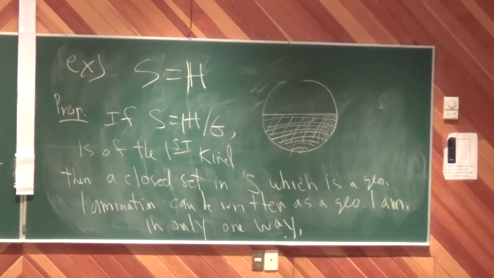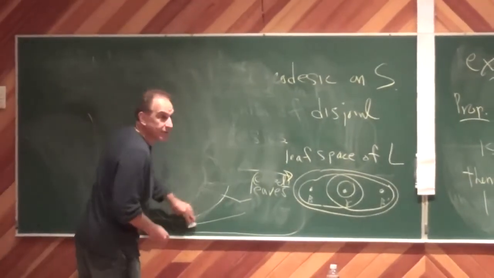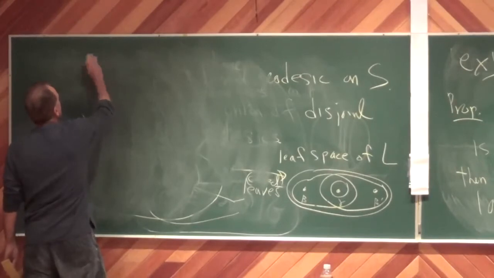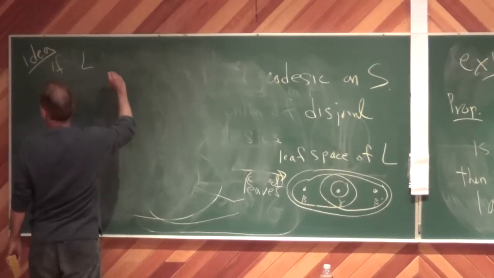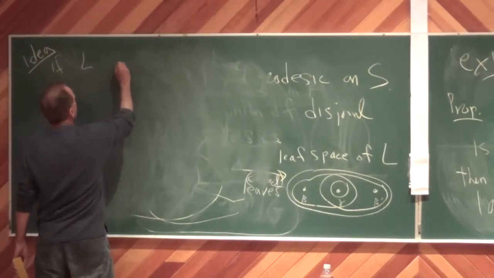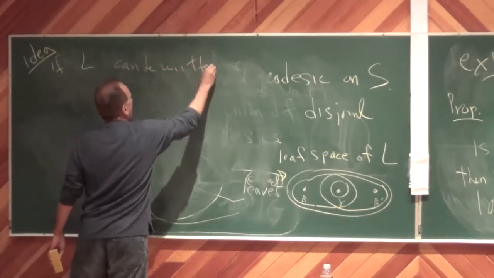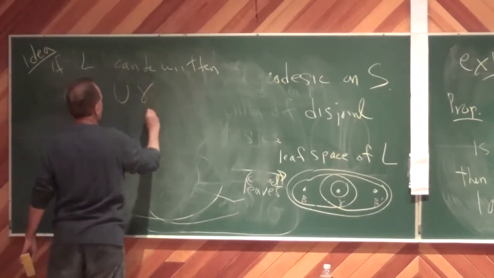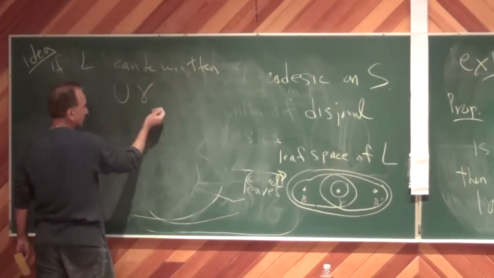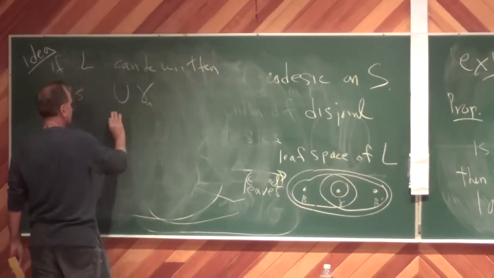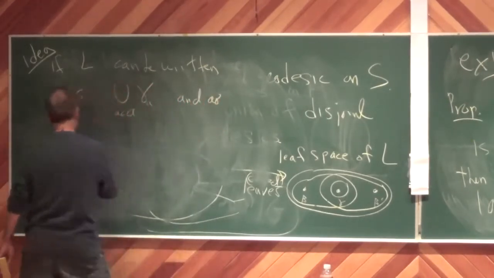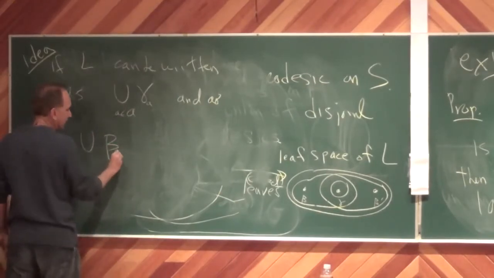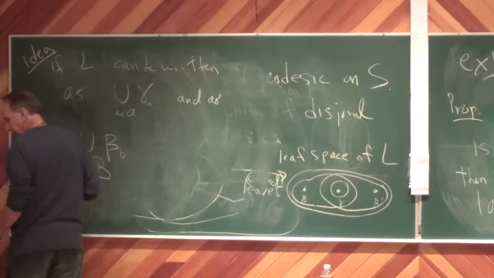The idea is, if you have a closed set on the surface, and L is a lamination and it can be written as the union of the leaves, the gammas, gamma A, where A is in some index set, and as the union of some other leaves, beta B, where B is in the index set.